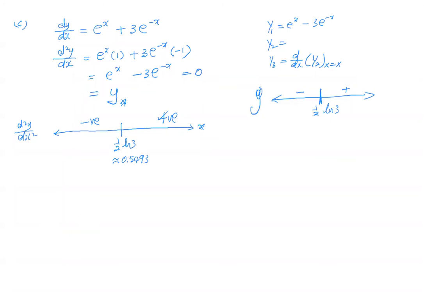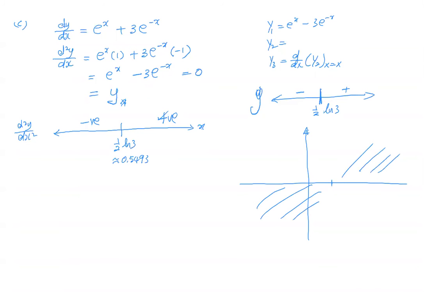So if I draw the graph, this part of the graph will be below the x-axis, correct? This part of the graph will be above the x-axis, am I right? Then, based on here, this part is concave.